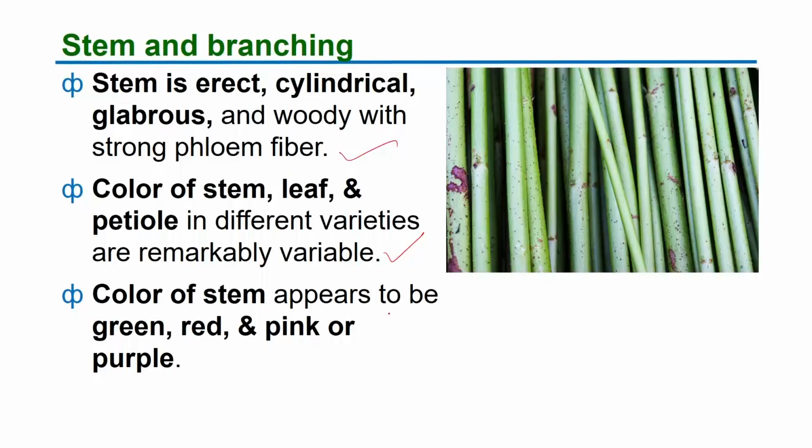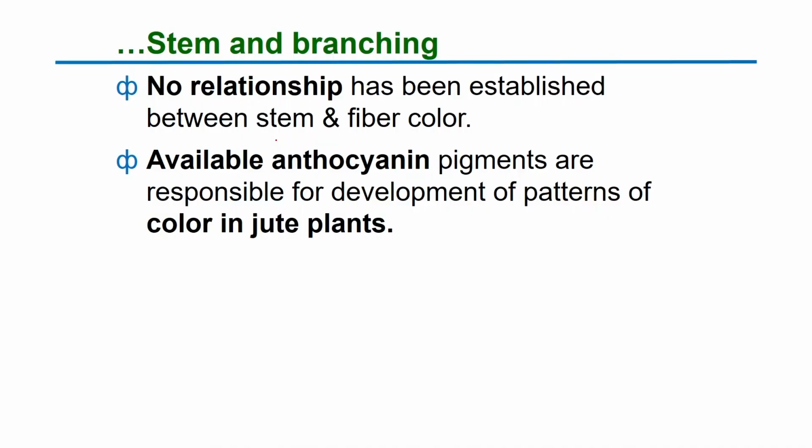So it is not that you will always have green stems. Color of stem appears to be green, red, pink or purple. There can be different colors. No relationship has been established between stem and fiber color. Means stem color will not influence the color of the fiber.